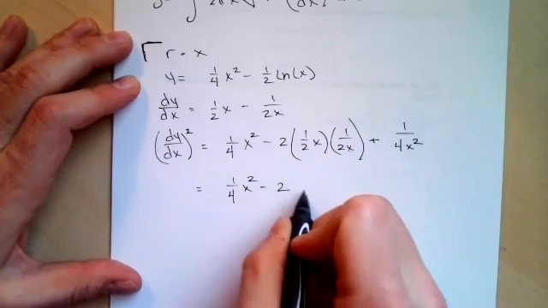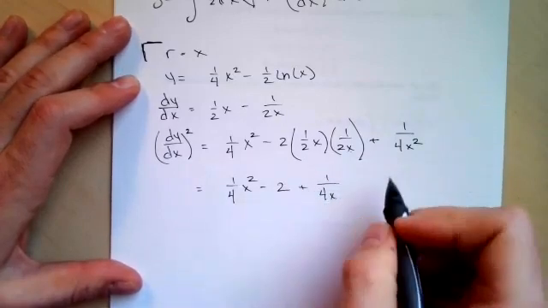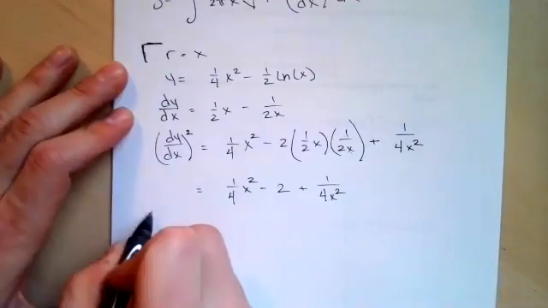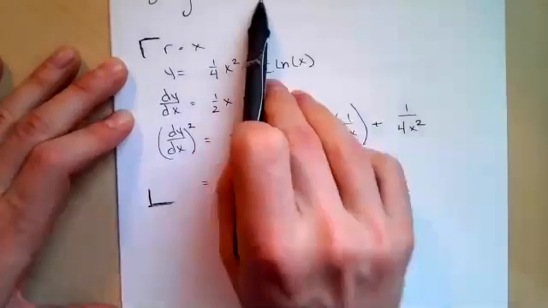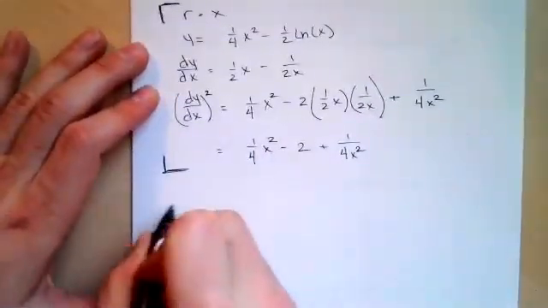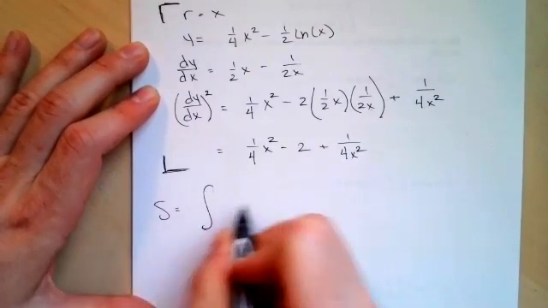We've just got a 2 plus a 1/4x squared. Okay, so that looks about as simplified as it'll get. We did want to expand everything out because we are going to have to add that 1 to it. And so let's see how that throws things off and see what kind of algebra we need to do from there.